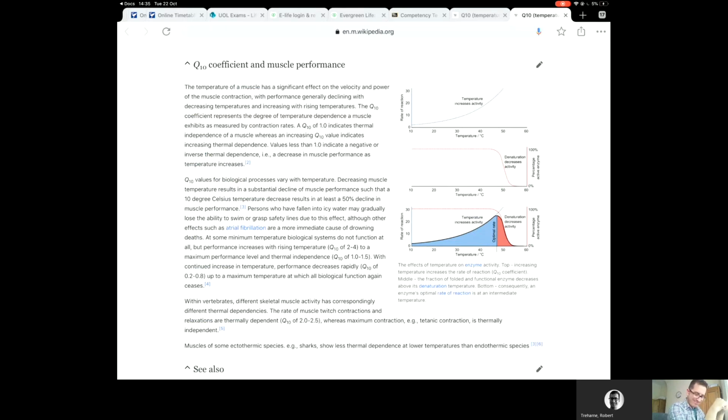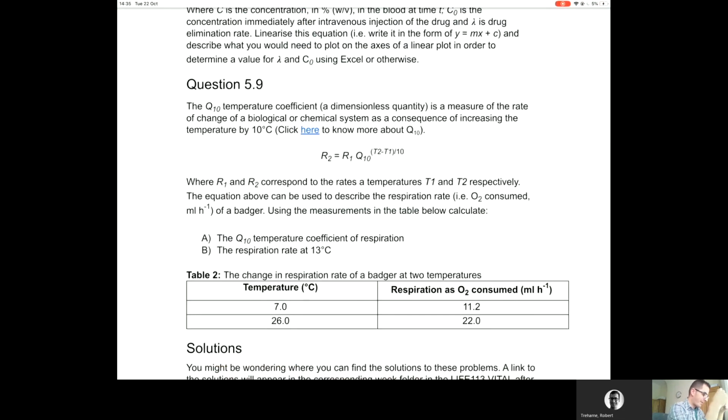Now, let's go and read the question, shall we? I'm giving you the equation. I'm saying that I am measuring some rate R2, and that is equal to some initial rate R1 multiplied by this Q10 coefficient to the power T2 minus T1 over 10, where R1 and R2 correspond to the rates at temperatures T1 and T2 respectively.